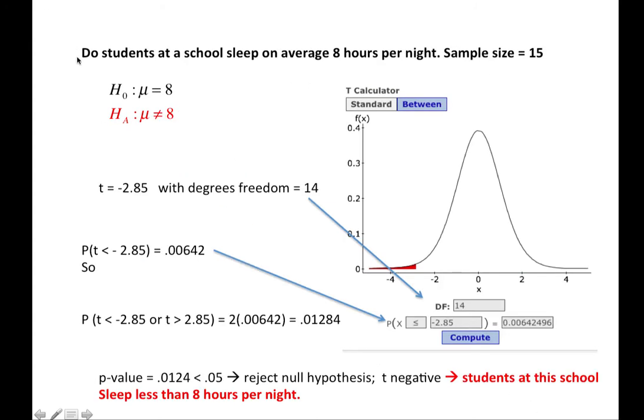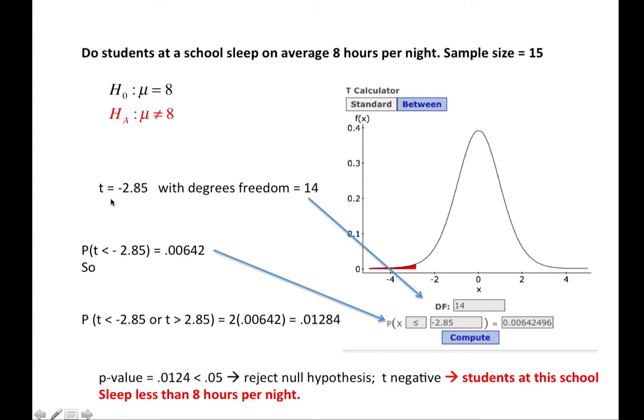The second example we looked at is, do students at a particular school sleep on average 8 hours per night? We looked at a sample size of 15. So do they sleep on average 8 hours per night, or don't they? A two-tailed alternative.